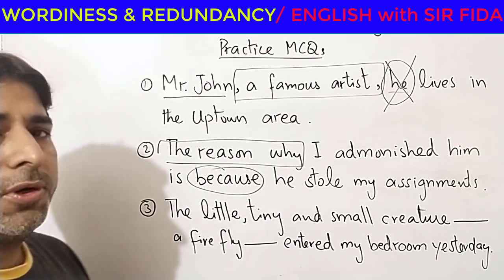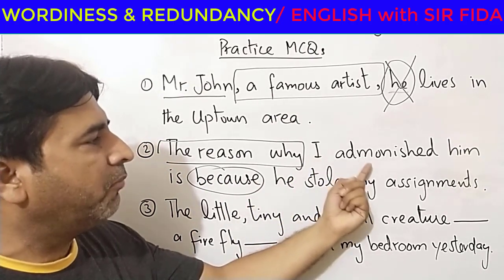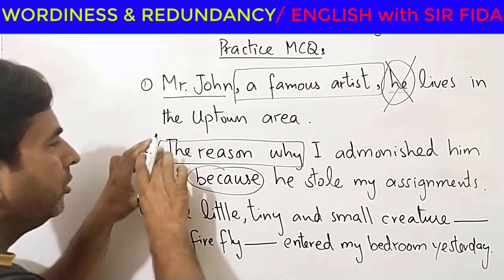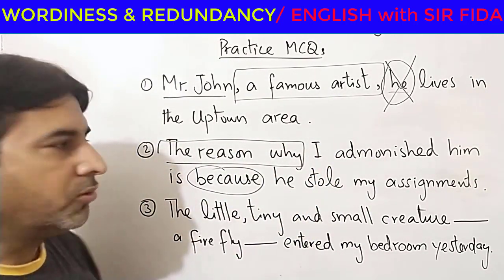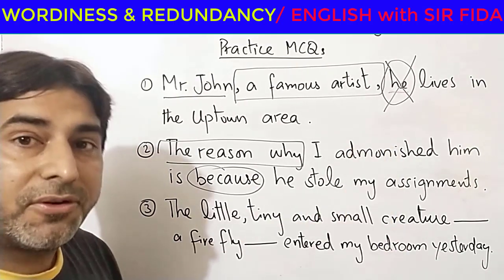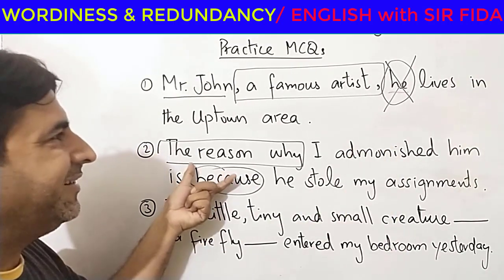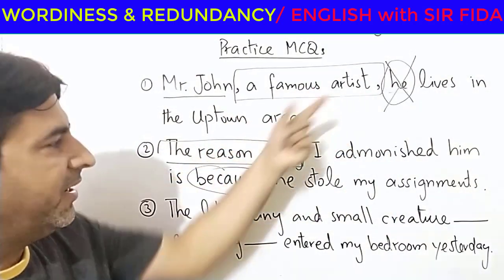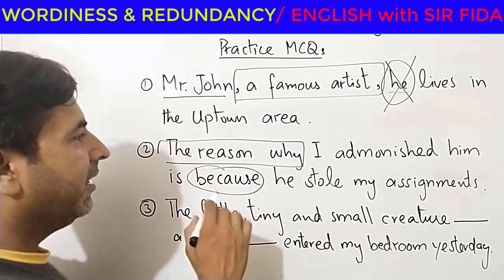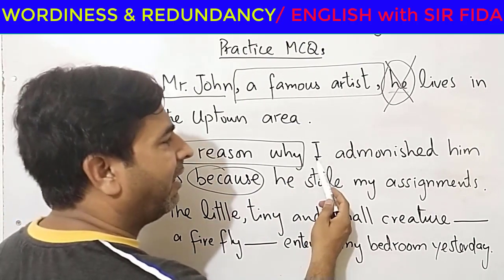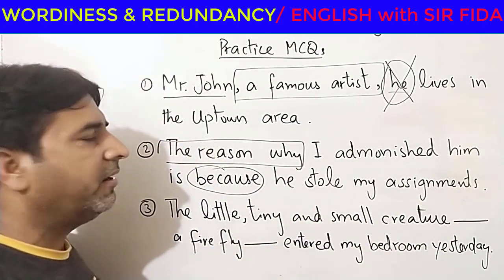You can just use one word, because, like: I admonished him because he stole my assignment. No need to introduce unnecessary words giving the same idea. So in this sentence there is an error of style, you can call it redundancy. The correct sentence would be: I admonished him because he stole my assignment.